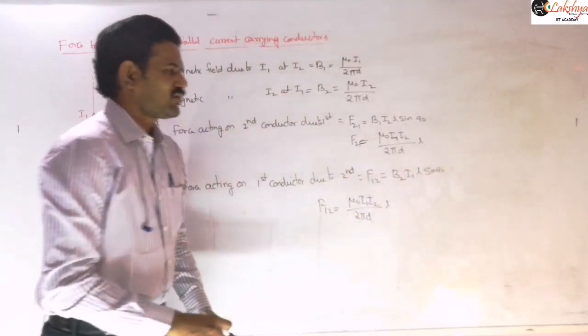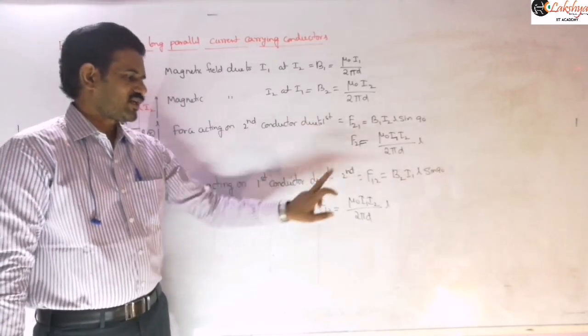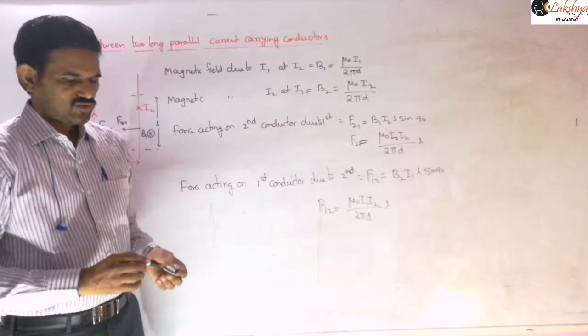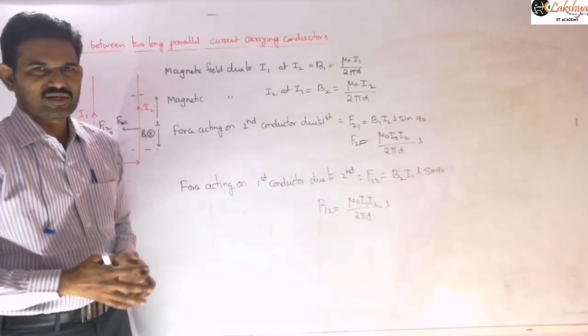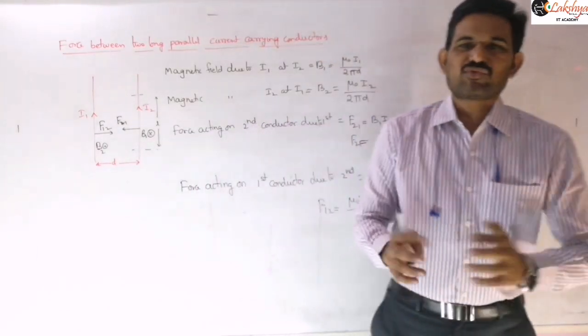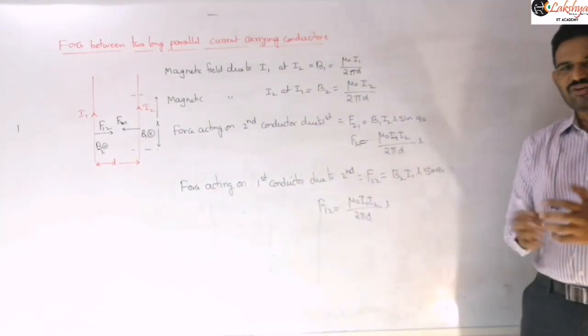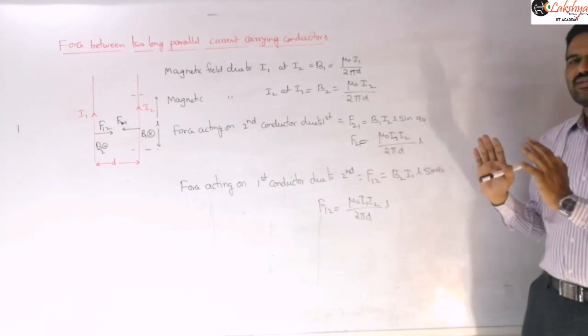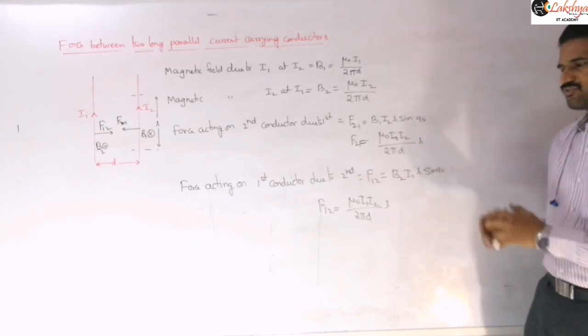Now you can observe these two expressions, F21 and F12, both are numerically the same, right? So both the forces are numerically the same, and so you can conclude that the magnetic force acting on those conductors will be equal in magnitude and opposite in direction. And so we conclude that the force between the two conductors is given by this expression.